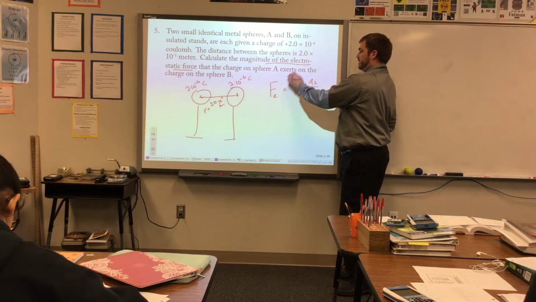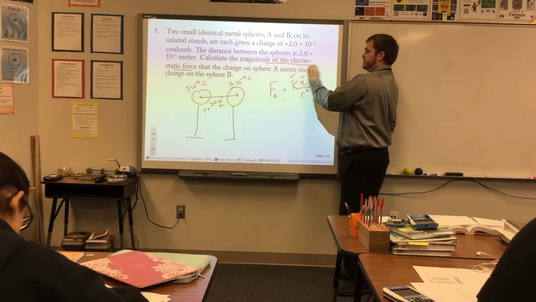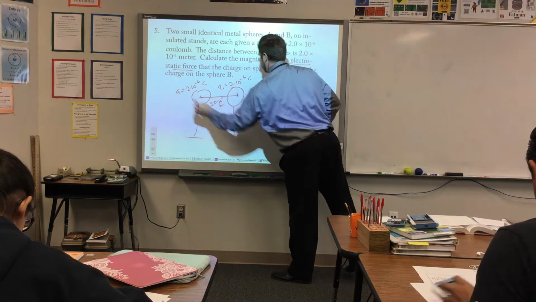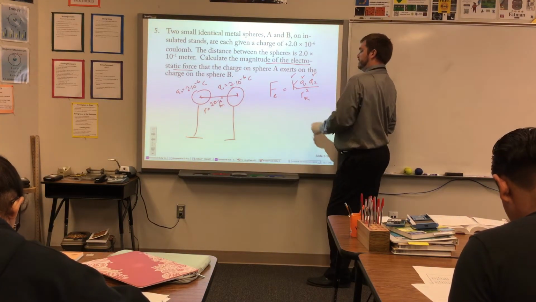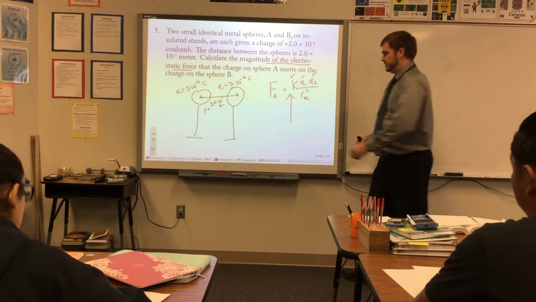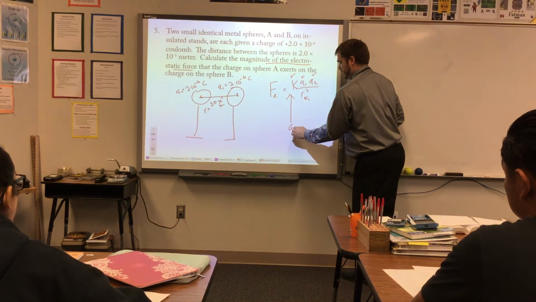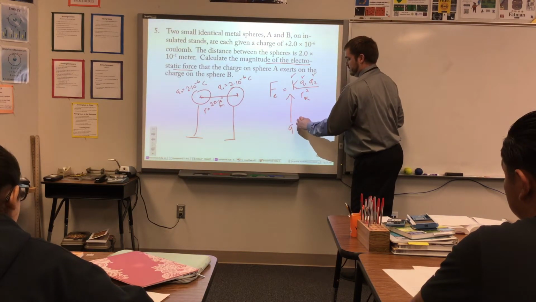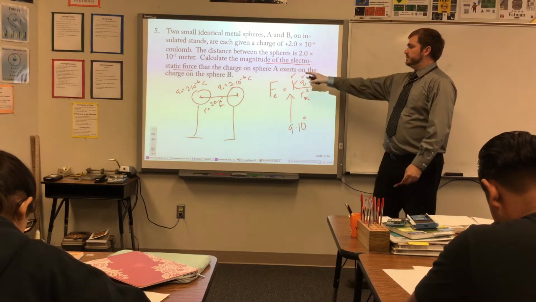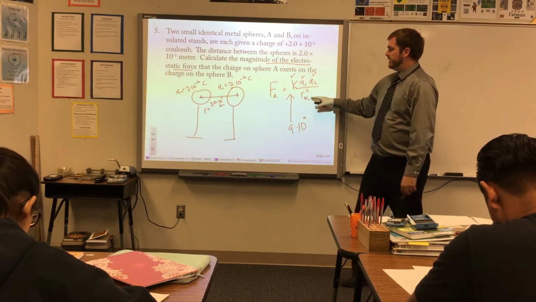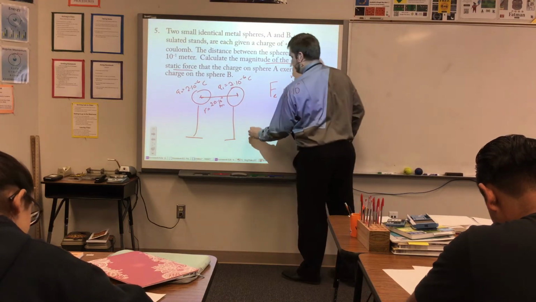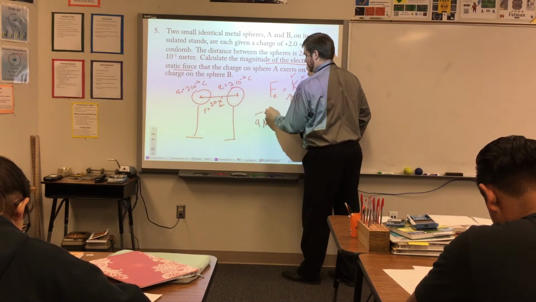You can look up K. Q1 and Q2 are these values right here. R is the distance between them. Just so somebody let me know, what is K? 9 times 10 to the 9th? Yeah, there you go. Multiply this by this by this and divide it by the radius squared, you'll get your answer. In case you're wondering, it's 0.9 newtons.